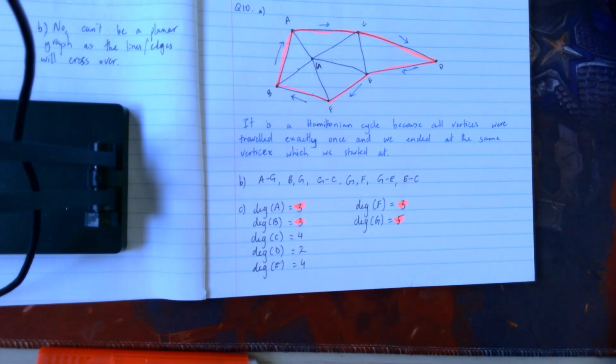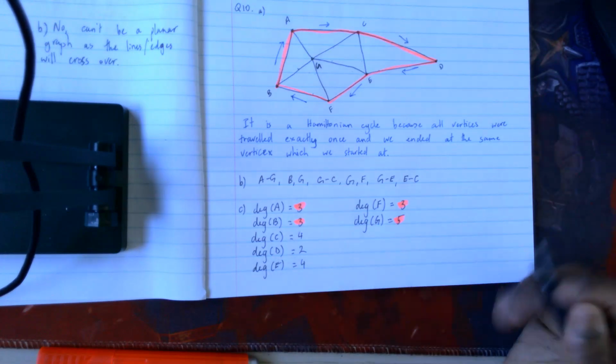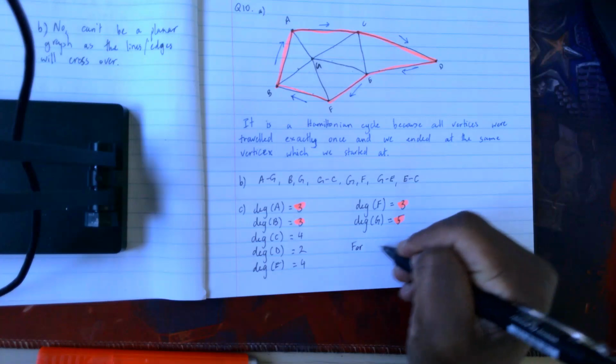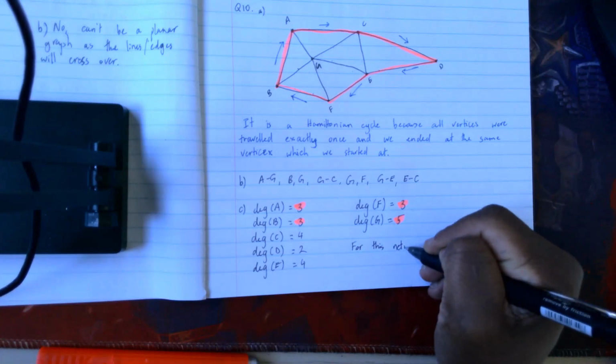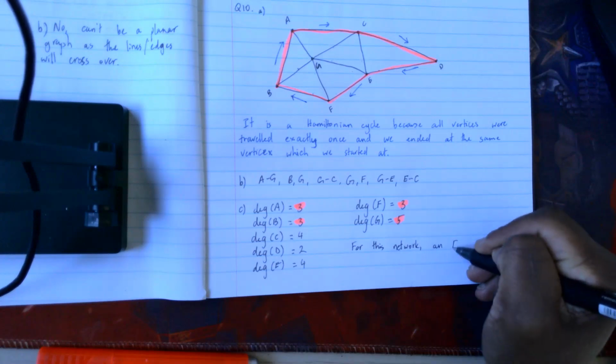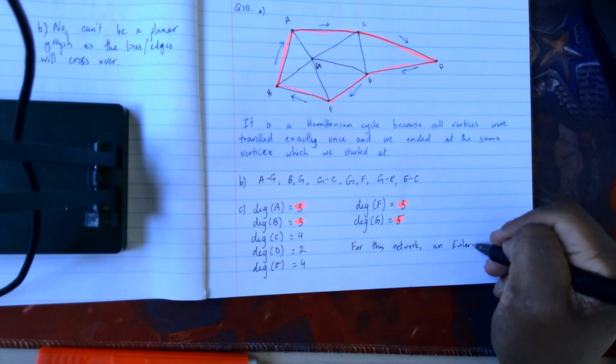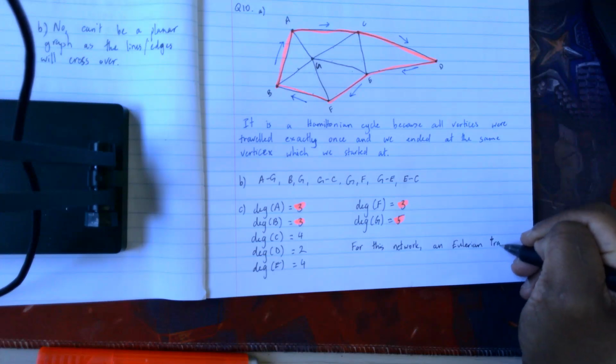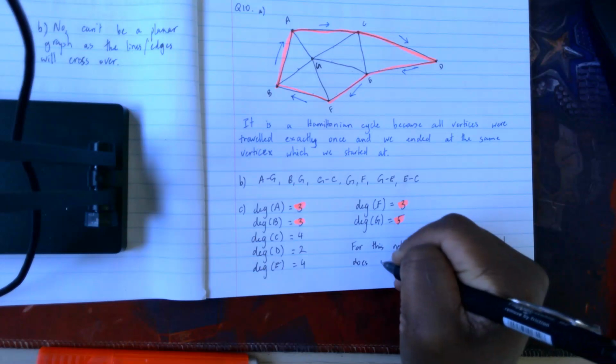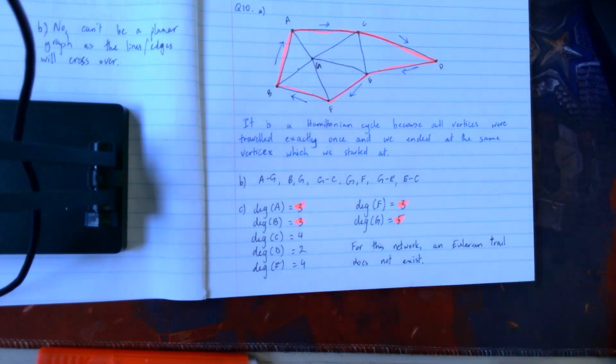So that means for this network an Eulerian trail does not exist, and working out our degrees is using our mathematical reasoning. So that's how we solve that question.